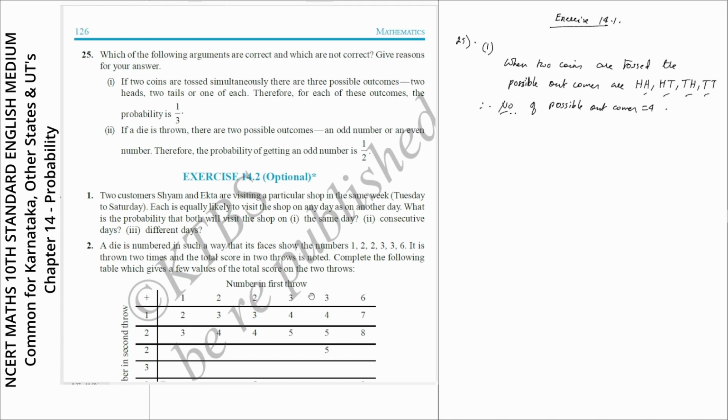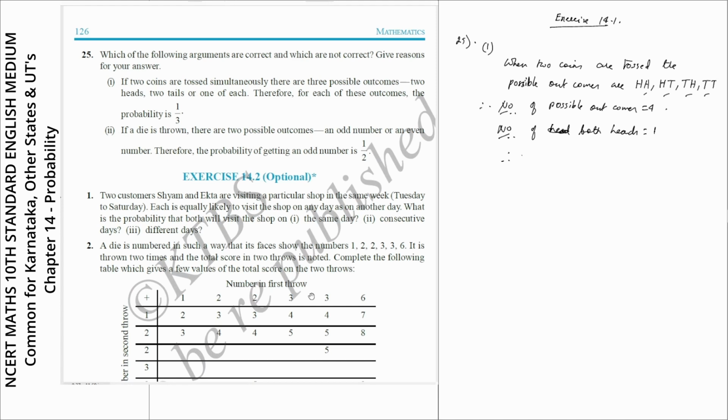Now what is the probability that 2 heads will come? Out of these 4 possible outcomes, how many have 2 heads? The number of both heads is equal to 1, there is only one outcome where there are both heads.